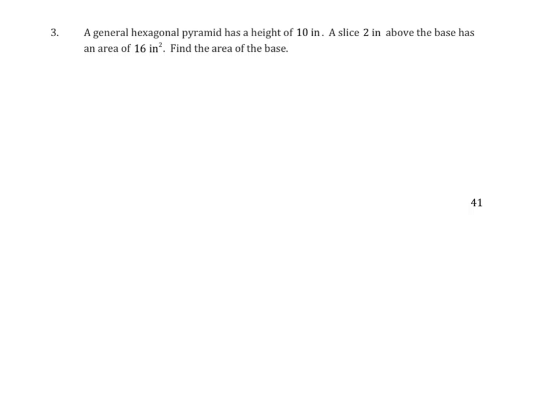So the first thing I want to do is determine the scale factor. And I have the height as 10 and the slice of 2 that's above the base. So we need to find its distance away from the vertex. So if we take 10 and subtract 2, I end up with 8 inches away from the vertex.